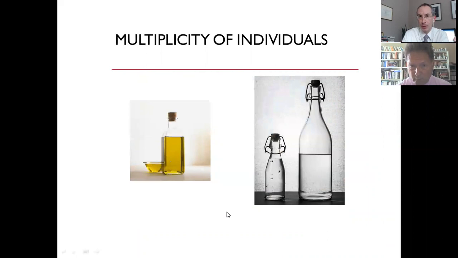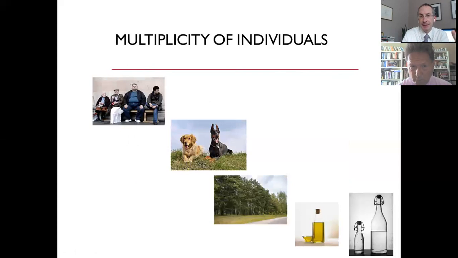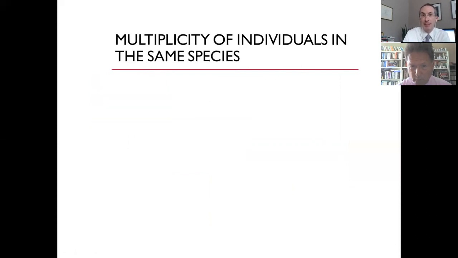So there's that. We need some way to explain this. How do we explain the sameness and the distinction, right? In all of these beings that are distinct and at the same time similar. So the multiplicity of individuals in the same species, and now I'm going to introduce the term species to refer to the class of individual substances, if you will, that are the same.